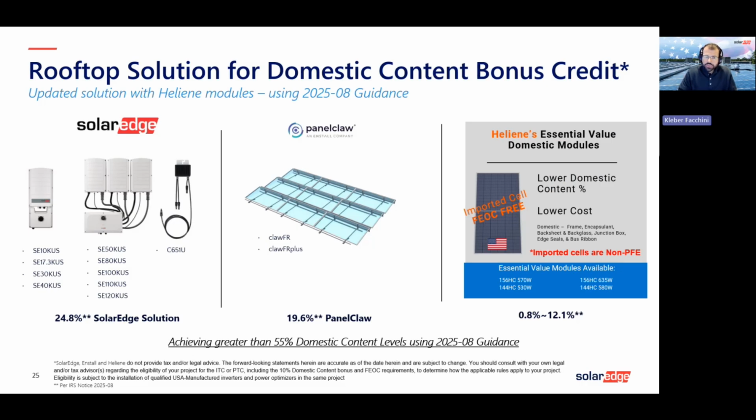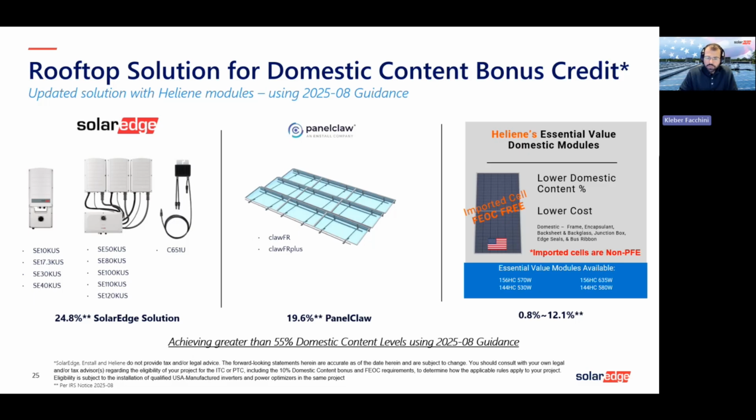The solution we introduced early in the year combined SolarEdge inverters with Panel Claw racking, Claw FR and Claw FR Plus, achieving 44.4% domestic content using the 2025-08 elective safe harbor table.